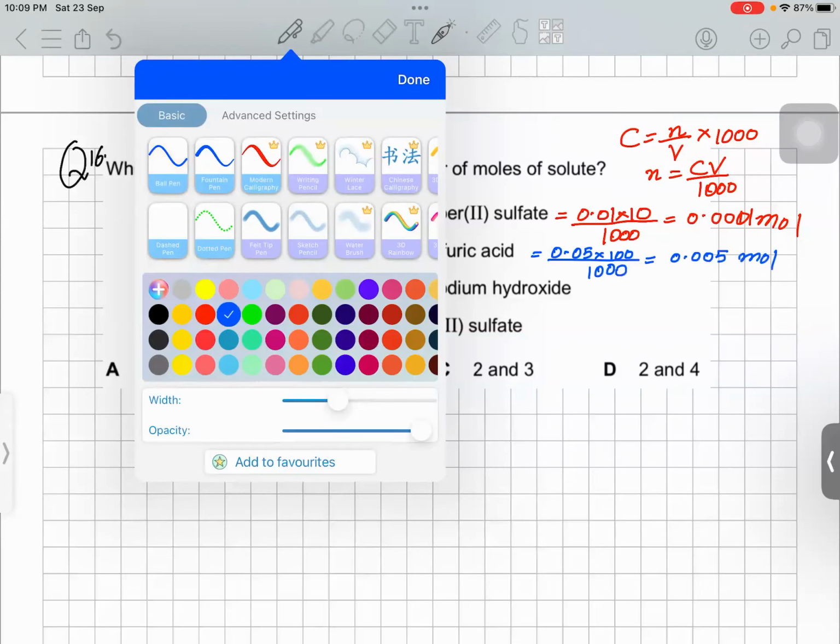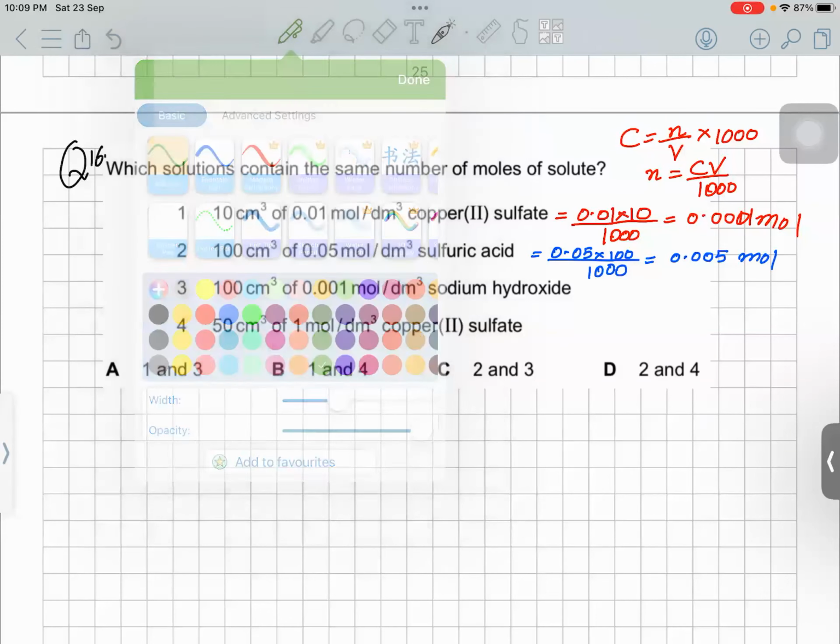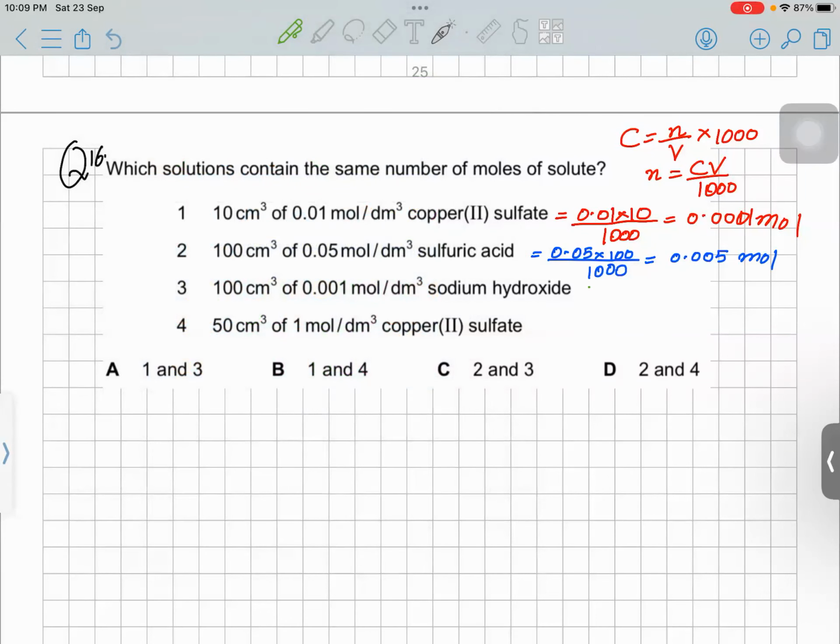Now third one. 0.001 multiplied by 100 divided by 1000.